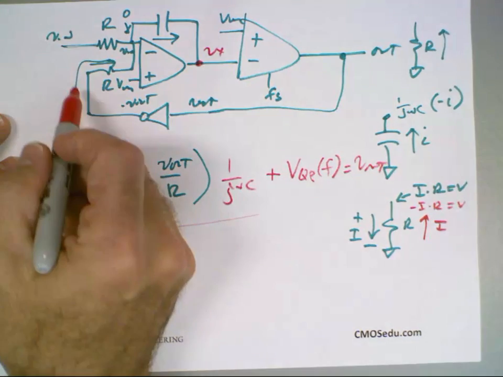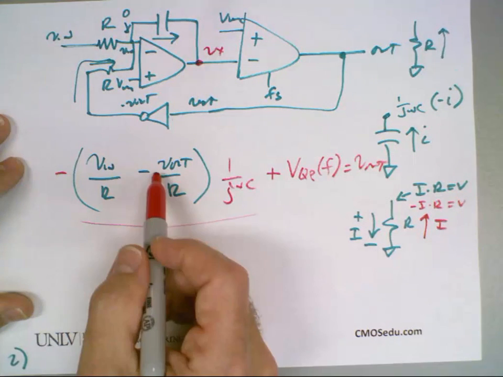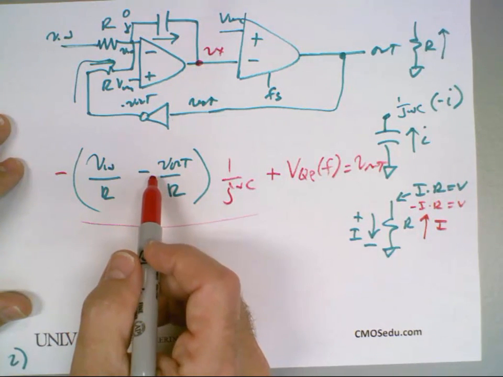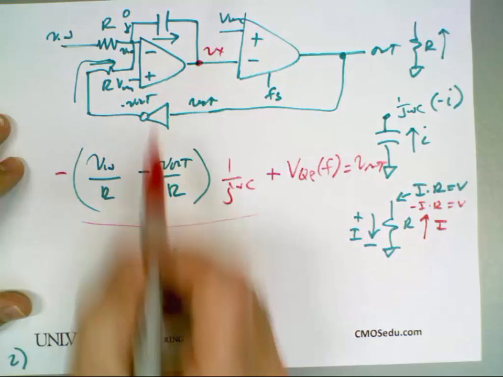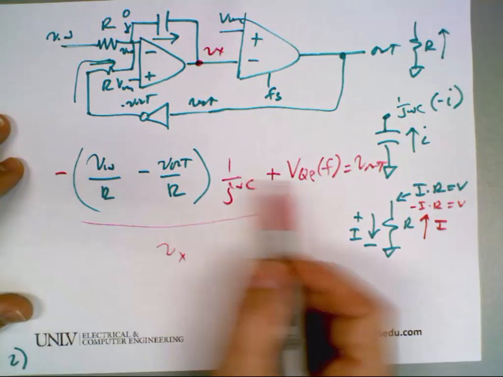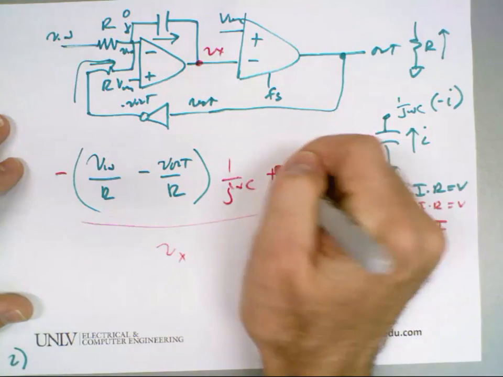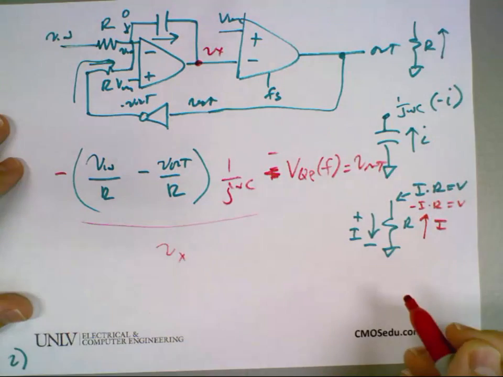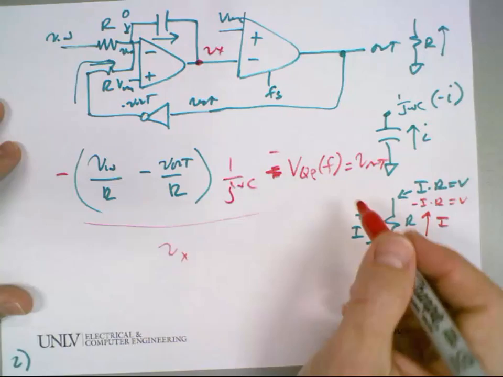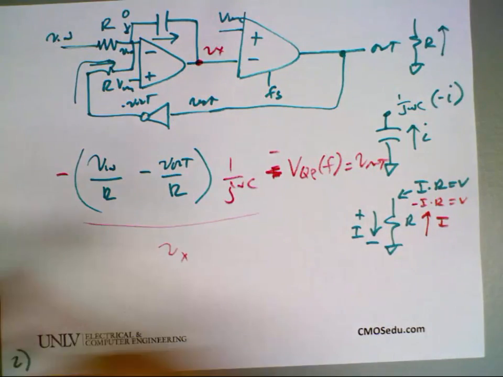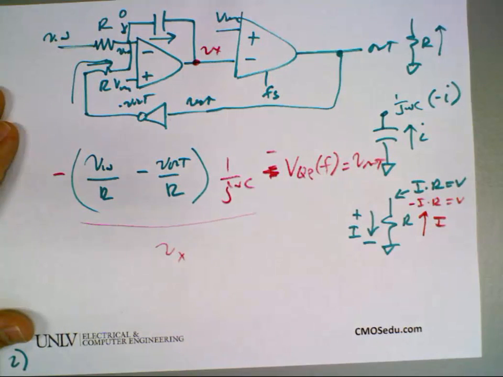V in over R, V out over R. Vx is minus 1 over j omega c plus, minus VQE, because it's minus going in there. Not that it matters because VQE is random, equals V out. Still got a sign issue.